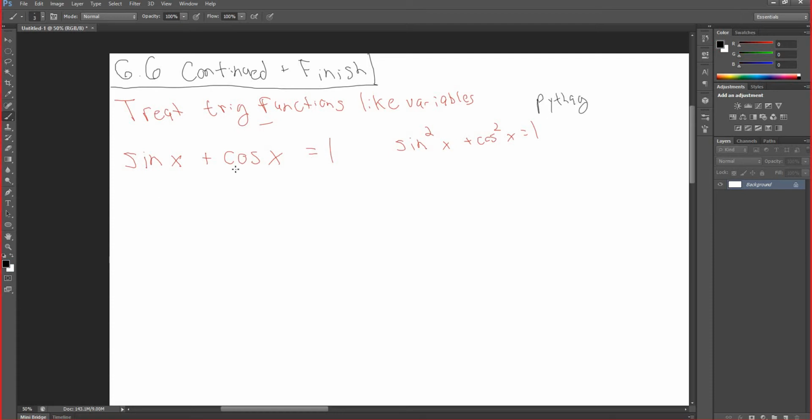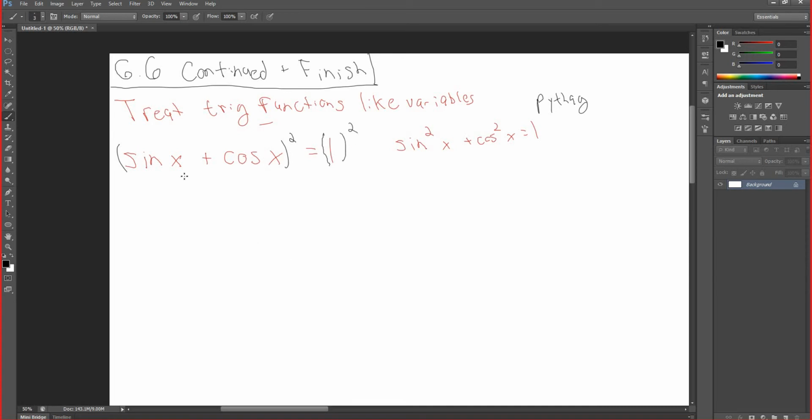When we're working with these problems, we need to figure out how we can get to an identity like Pythagorean, or even if we have a double angle or a sum. So here, if I were to square both sides, I would be able to get to my Pythagorean identity. I'm going to fix this parenthesis, it's covering my 1.